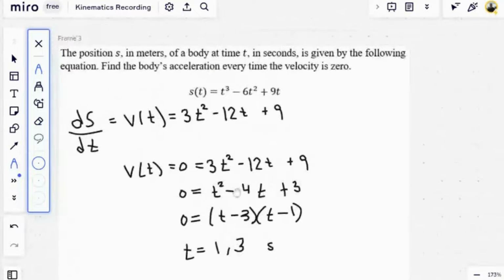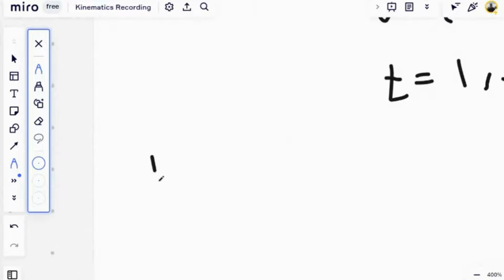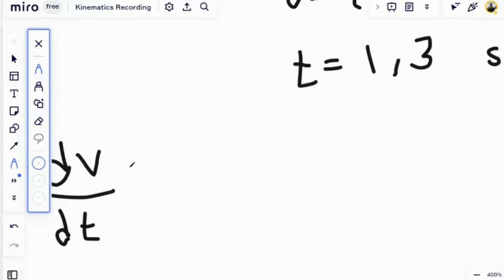Now that we figured that out, the next step is to come up with an equation for our acceleration and then plug those times that we just found into that equation. In order to do that, we can take the derivative of our velocity with respect to time, and that's going to be our equation for our acceleration.